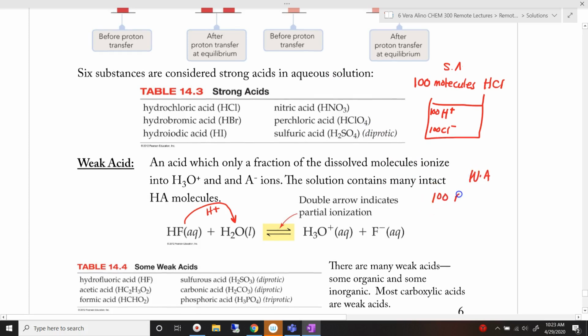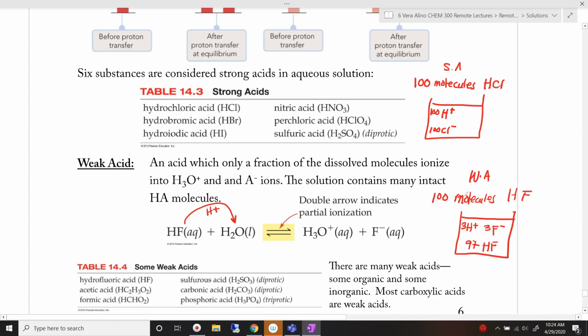If I drop 100 molecules of HF into my water, they will break apart, recombine, break apart, recombine until they reach equilibrium, such that only 3 out of the 100 molecules stay broken into hydrogen ions and fluoride ions, while the remaining 97 molecules stay intact in their compound form.